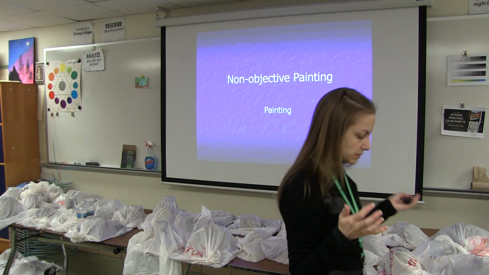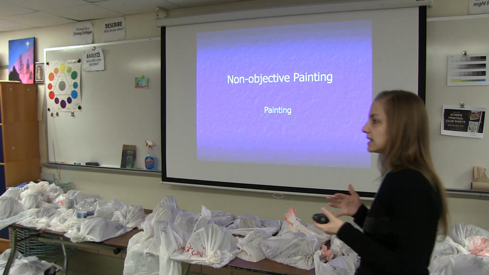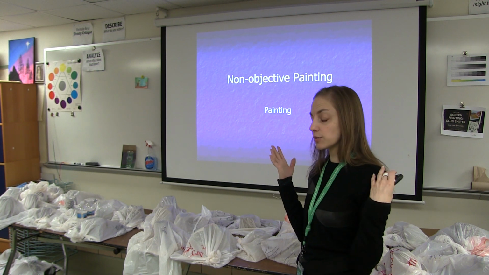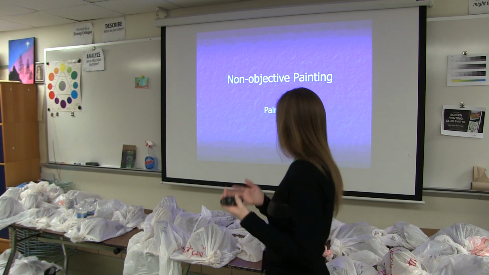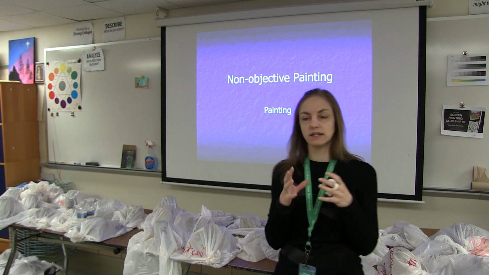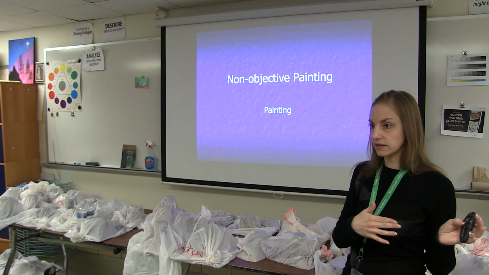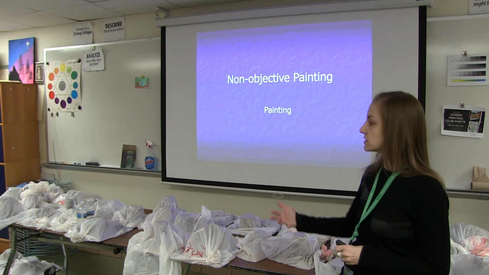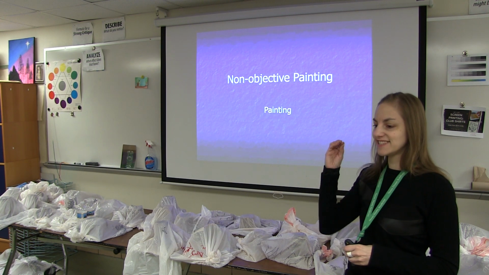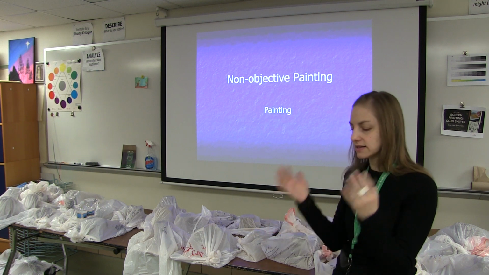So this unit, this project for us, is our non-objective painting. We're going to get into what all of that means. What I need to prepare you for in the meantime is that this is a very different way of thinking, processing, analyzing and evaluating than you may have ever done before, let alone from what we just did. And I recognize that we're coming off of still life, which is a very observation-dependent technique.